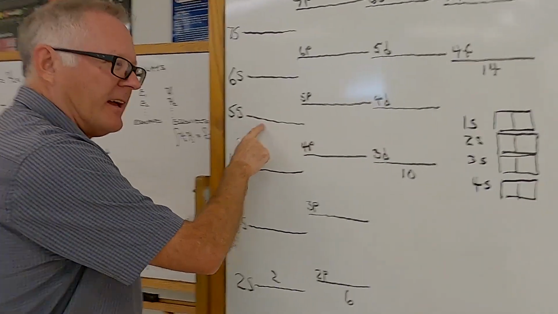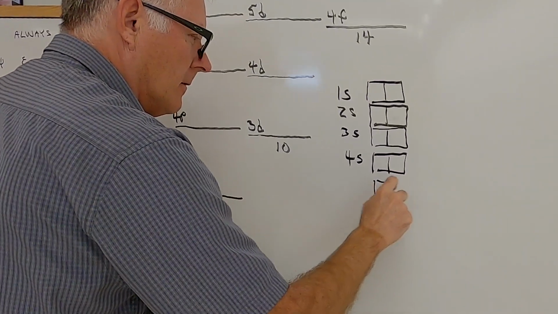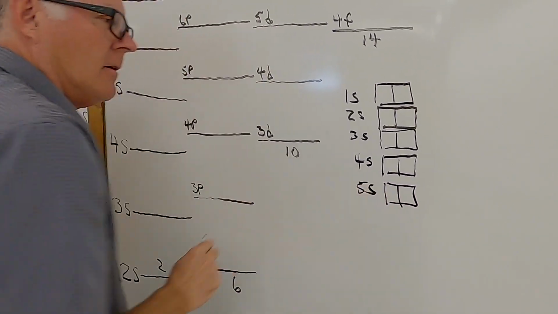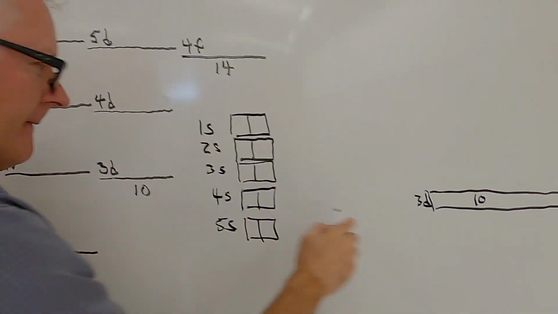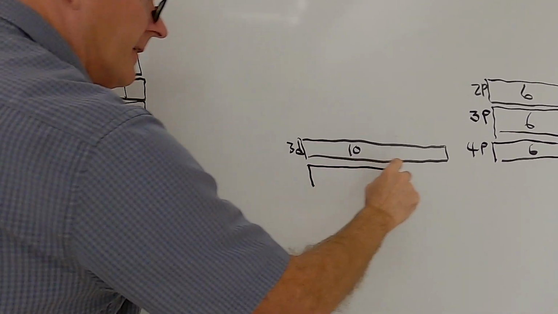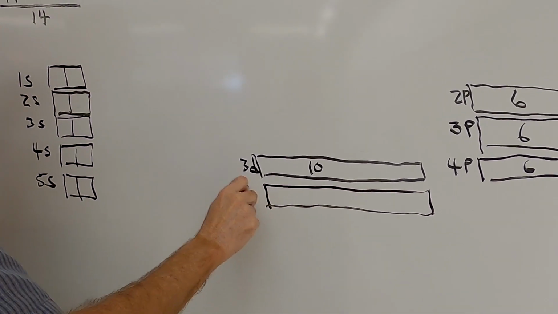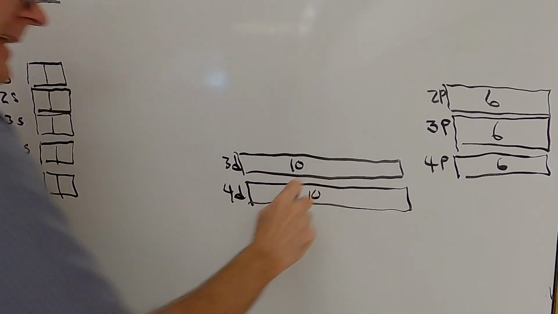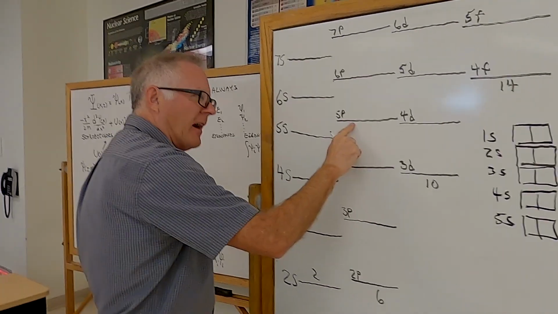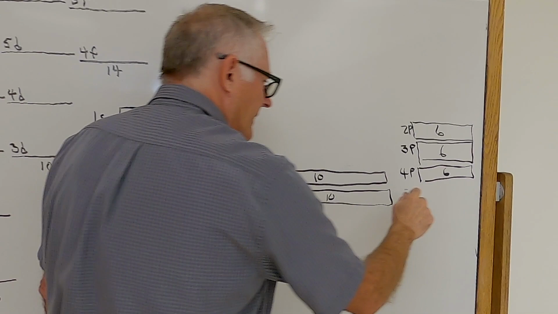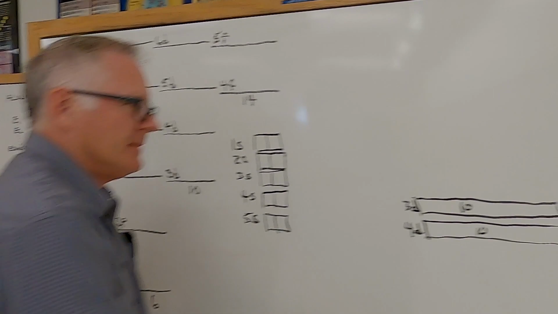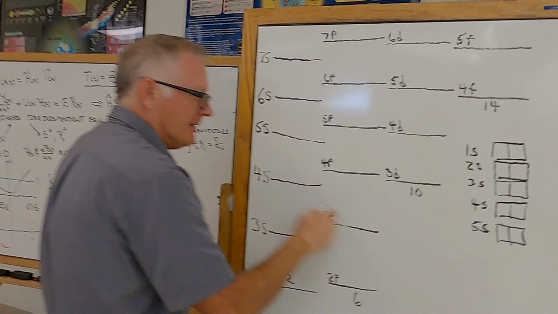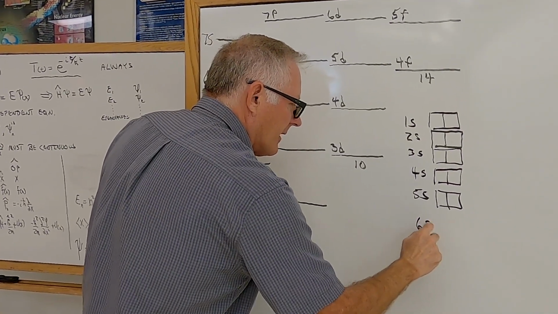Then we go up to the 5s. Then we go to the 4d. I'll put it right underneath here. There's 10 of them there. 4d. There are 10. 5p. 6 of them over here. Then 6s.